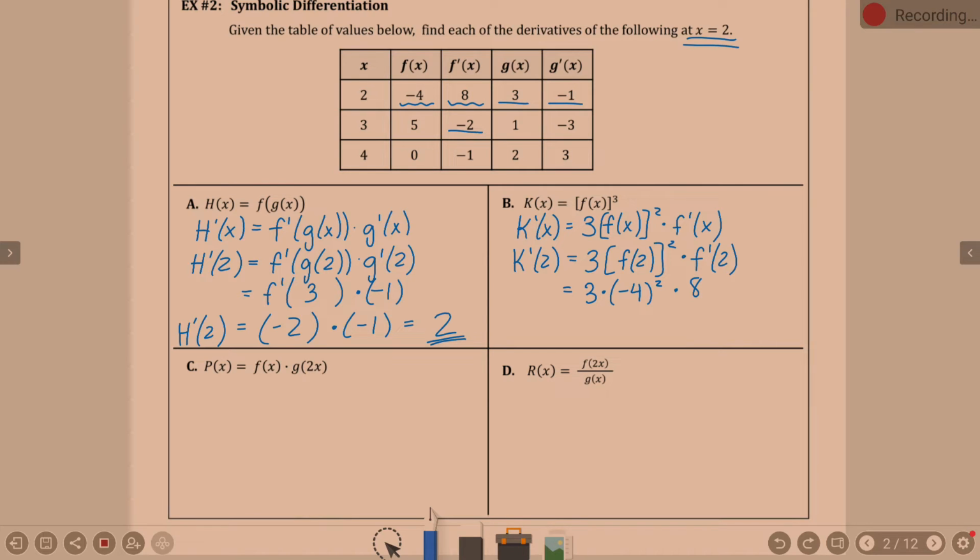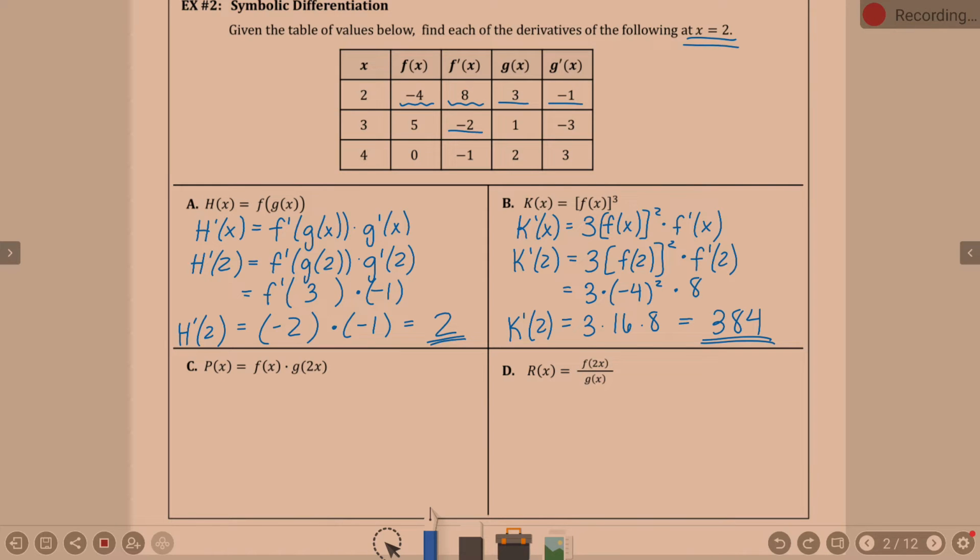I see 3 times 16 times 8. What is 3 times 16 times 8? What was it? 384? Sounds familiar. My guide agrees. Okay.